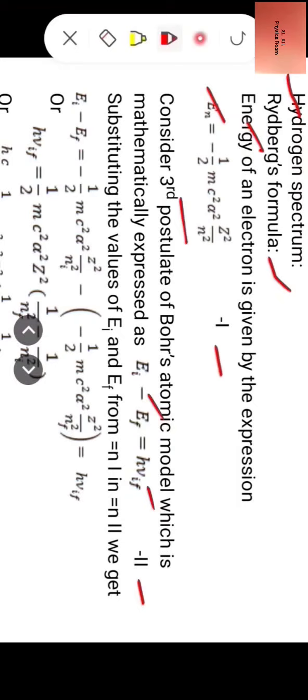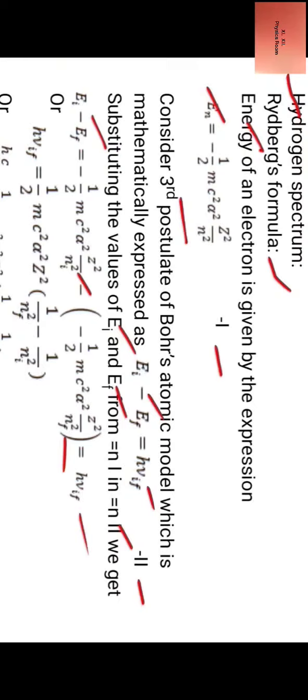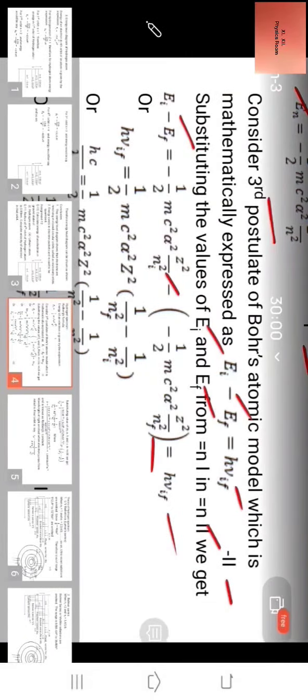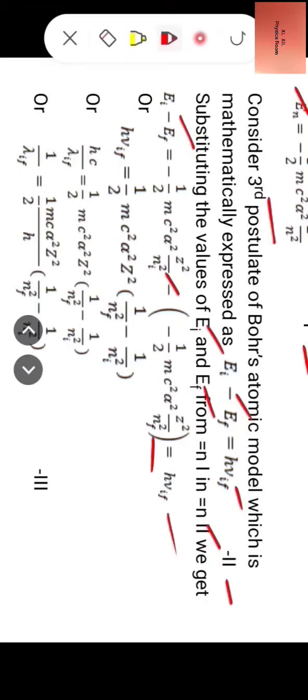Now, substituting the values of EI and EF from equation 1 in equation 2, we get EI minus EF is equal to minus half mc square alpha square Z square by ni square minus within bracket minus half mc square alpha square Z square by nf square, and it is equal to h nu IF, or h nu IF is equal to half mc square alpha square Z square common within bracket 1 by nf square minus 1 by ni square.